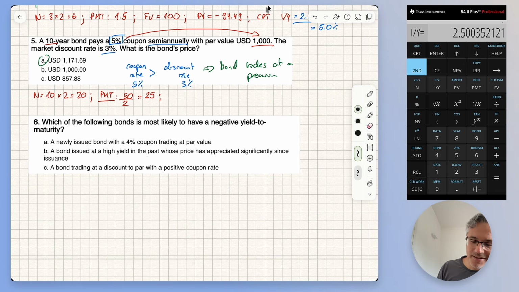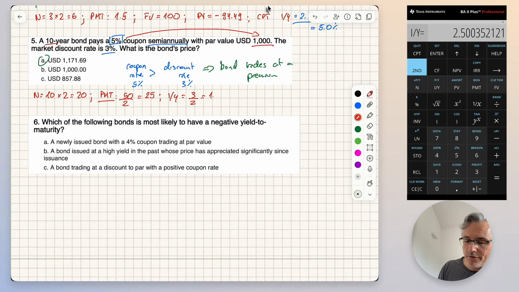Right, the market discount rate is 3, so that's going to be our I over Y, and now it's just going to be 3% divided by 2, namely 1.5. This one is provided as a percentage figure. Our FV is, of course, 1,000, and that should be it. Let's compute.